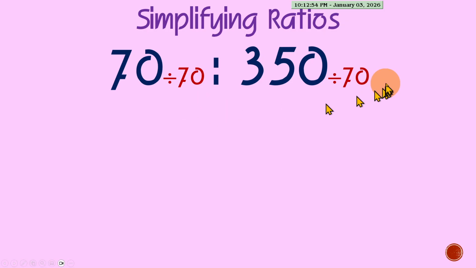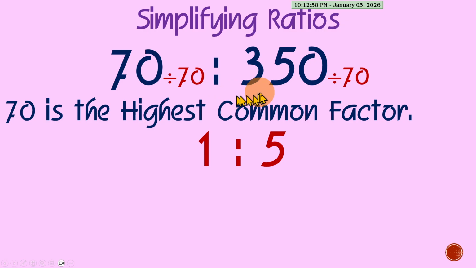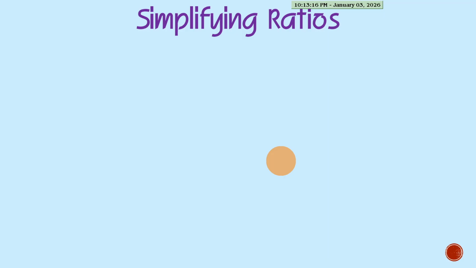Dividing both of these by 70, 70 divided by 70 is going to give us 1. And 350 divided by 70 is going to give us 5. Of course, if you cannot identify the highest common factor, then you would have to divide more than once.